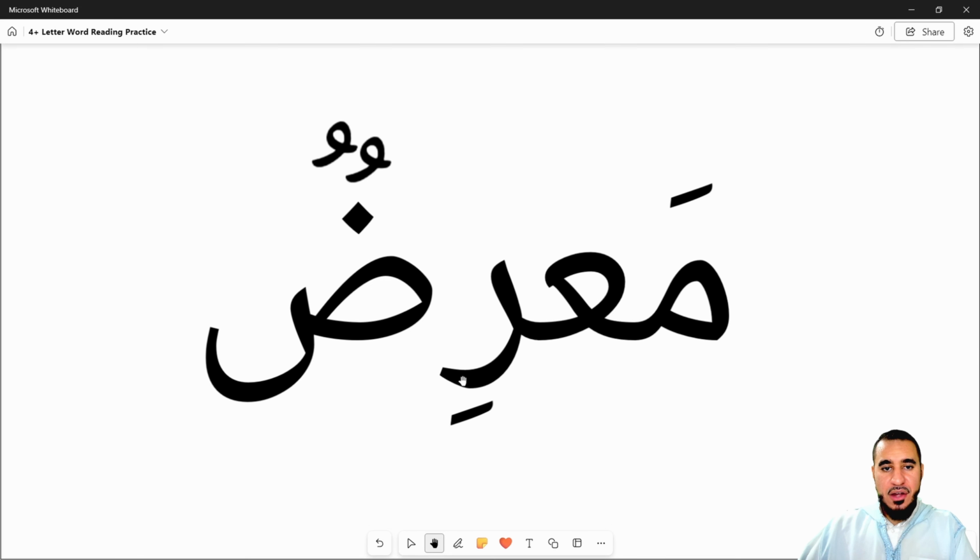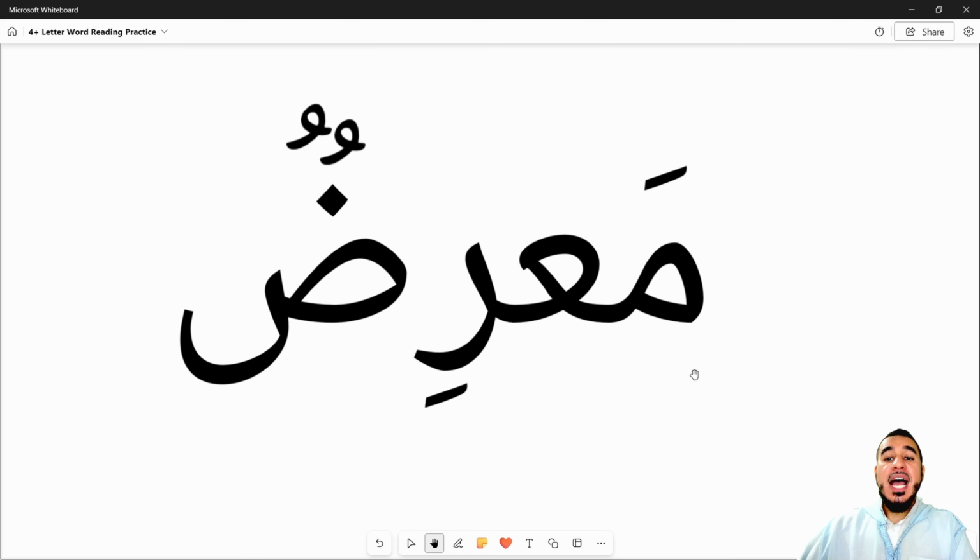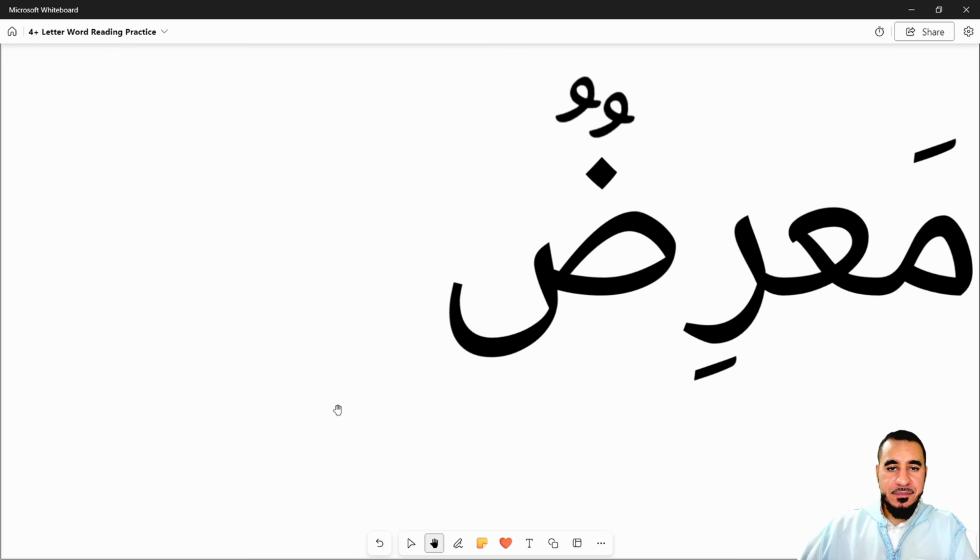And then we have the ra with a kasra below it, and the dad at the end with the dhammatan. So how do we read this word? It would be ma'ridun, ma'ridun.